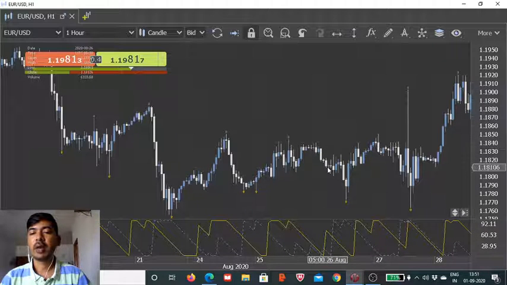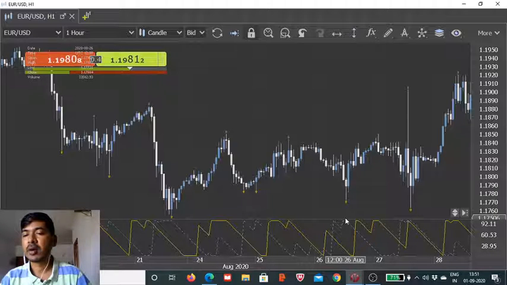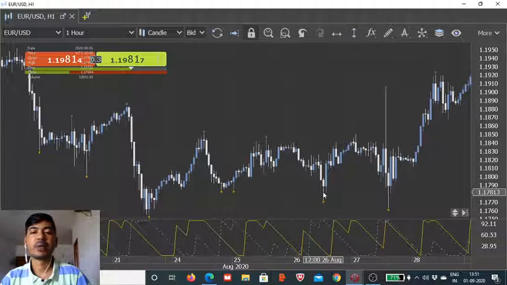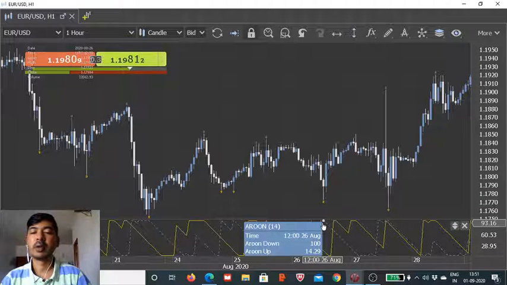As and when the AROON down value goes to 100, that is an indicator of the fact that a new swing low has been made for the last 14 hours. If in successive hours we keep getting new swing lows, then AROON down will continue to hover at 100.